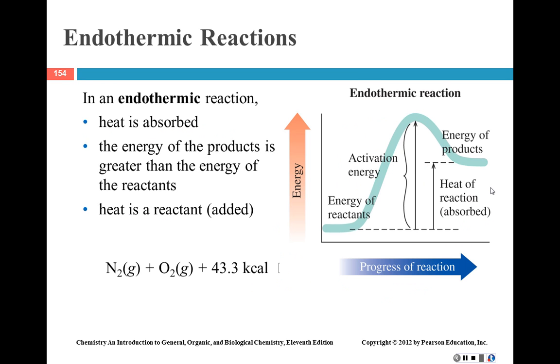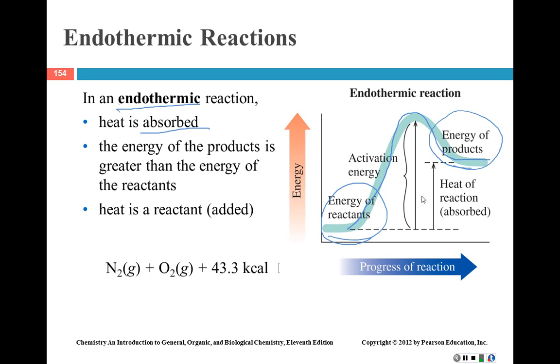In an endothermic reaction, heat is going to be put into something, or it's going to be absorbed by something. And in this one, the energy of the products is higher than the energy of the reactants. And so there's so much activation energy required that you have to add extra energy.